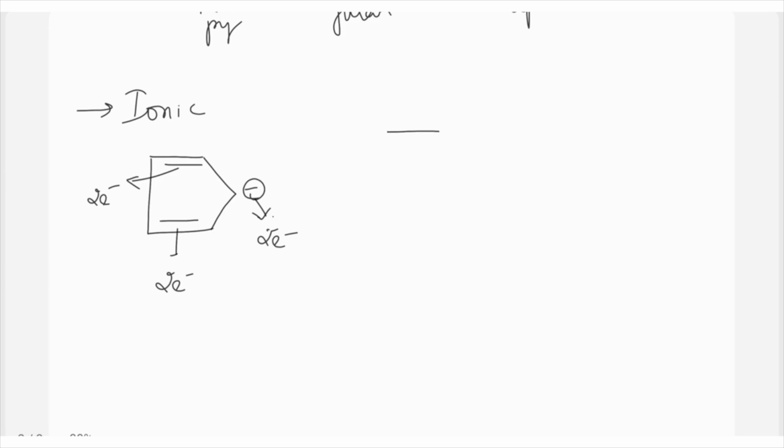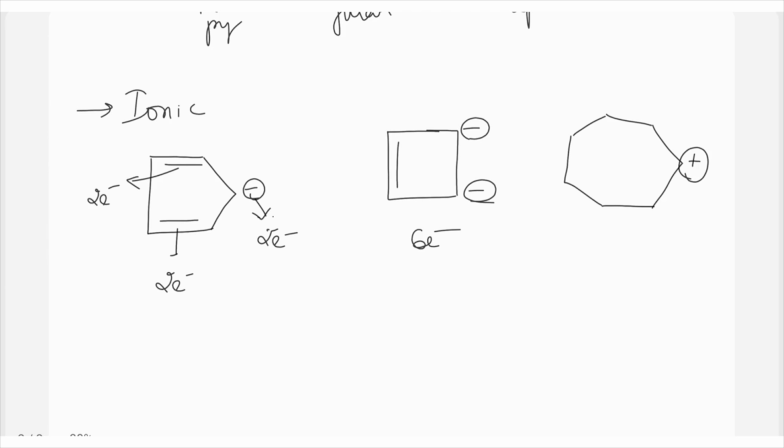Similarly, there could be 4 carbons in the ring with 2 negative charges. This also indicates 6 electrons inside the ring, which undergoes delocalization. There could be a 7-membered ring also, 1, 2, 3, 4, 5, 6, 7 with a positive charge and alternate pi electrons. Positive charge indicates no electrons, so obviously this has 6 electrons. Such ionic species also can be aromatic.